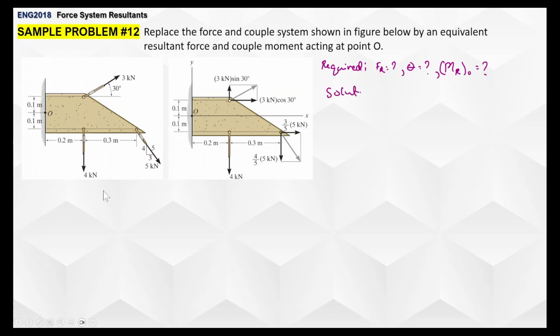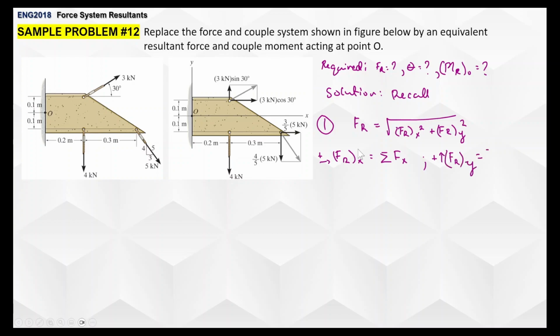So for the solution, recall that for getting the magnitude of the resultant force, you're required to have its x component and y component. So you have to square them, add them, and get their square root so that you will get the resultant force magnitude. And of course, the force resultant along the x-axis is equal to the summation of all horizontal forces here.